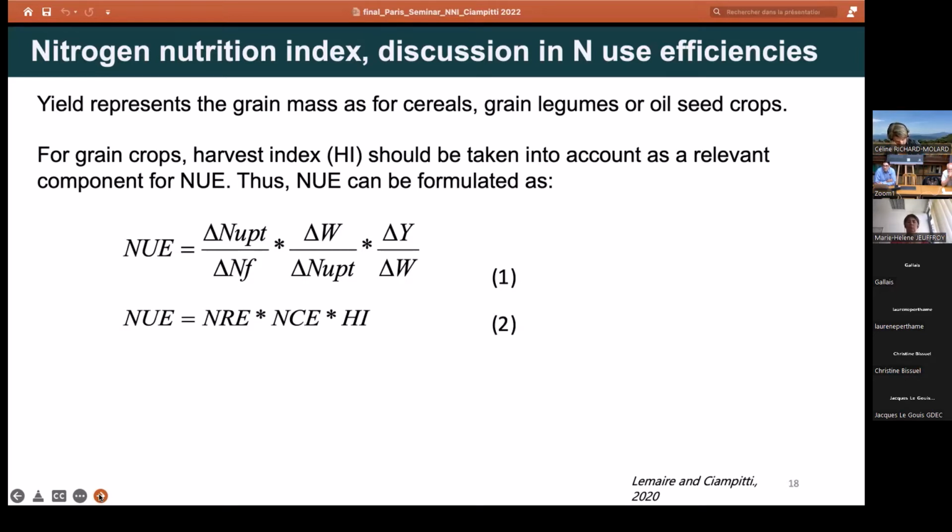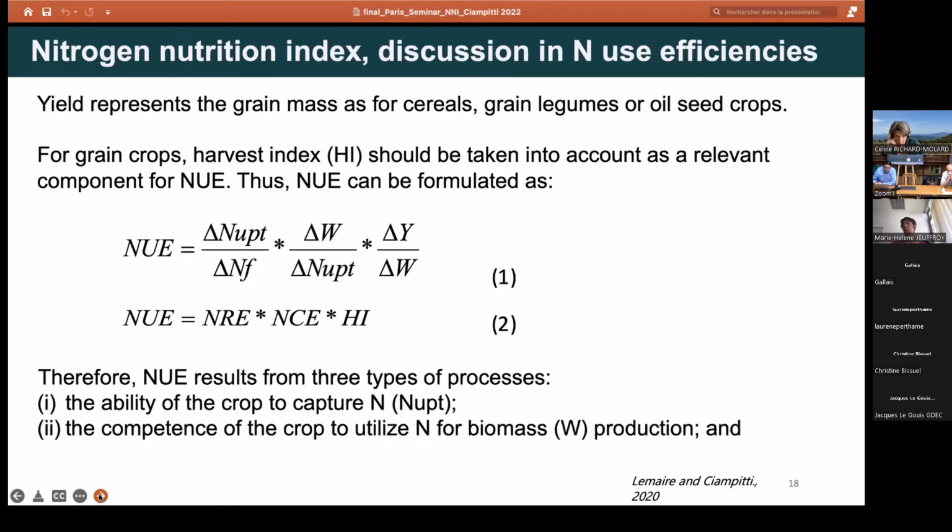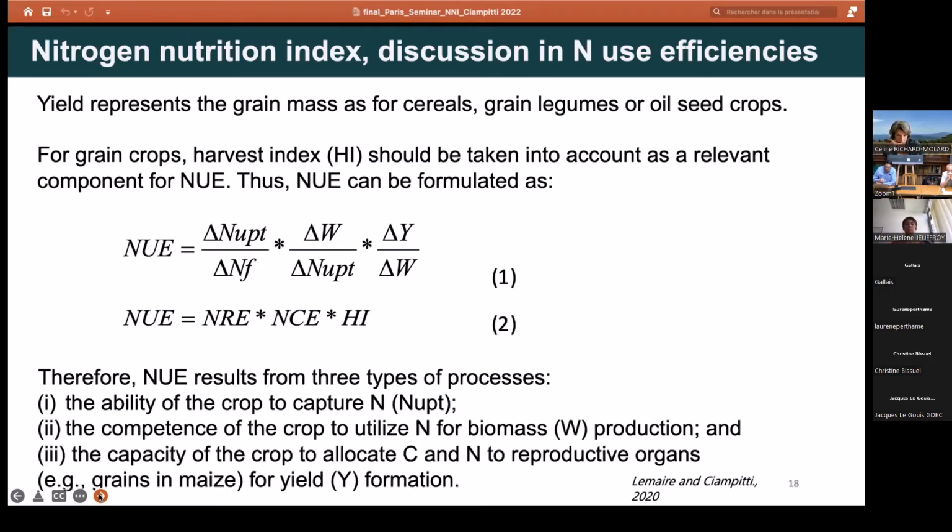And then you can look at this last factor, the efficiency, the utilization and conversion of biomass into yield. So if you think about NUE, as basically proposed in the 80s, this ability of capturing nitrogen, using that nitrogen for biomass, and then allocating that nitrogen to the yield formation. Seems pretty simple, right?